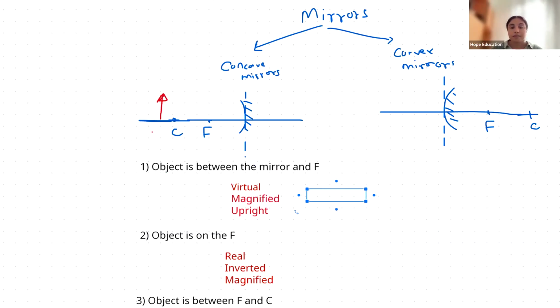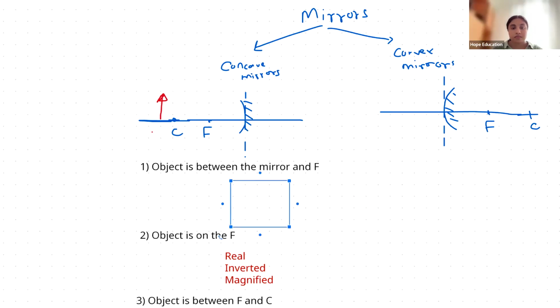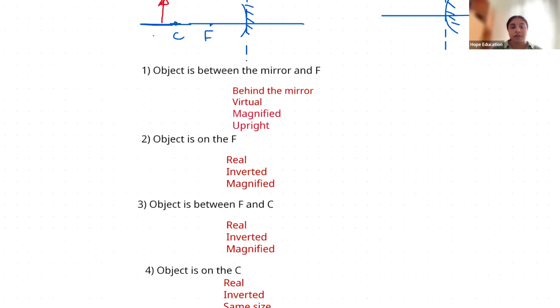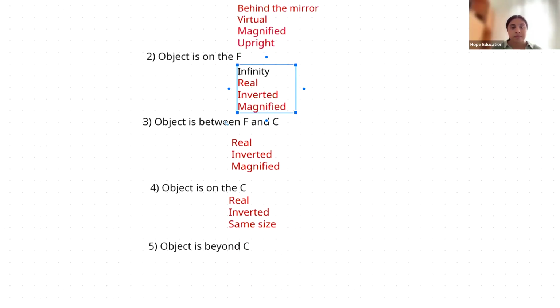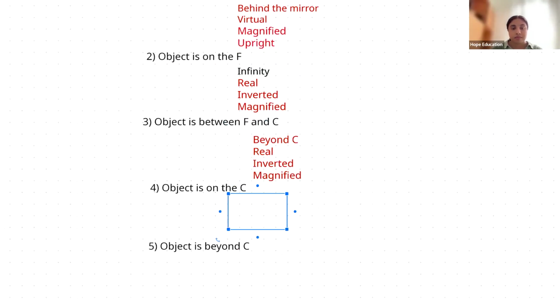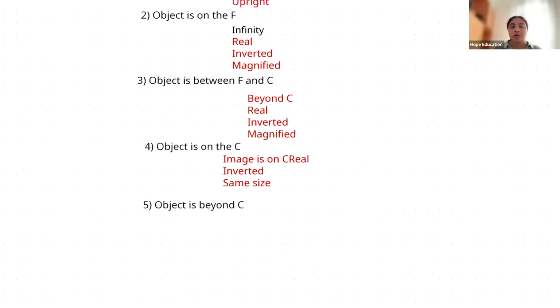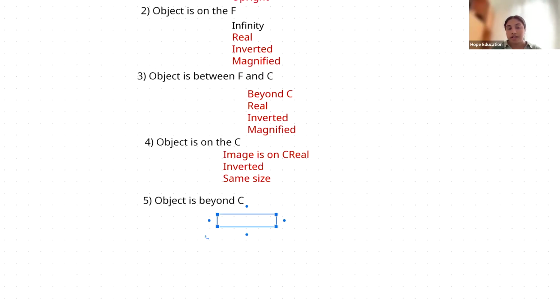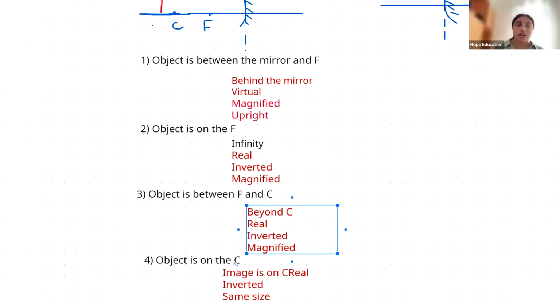Where is the image formed? Yes, the image is formed between F and C. So when the object is beyond C, the image is formed between F and C. You have already given the properties.